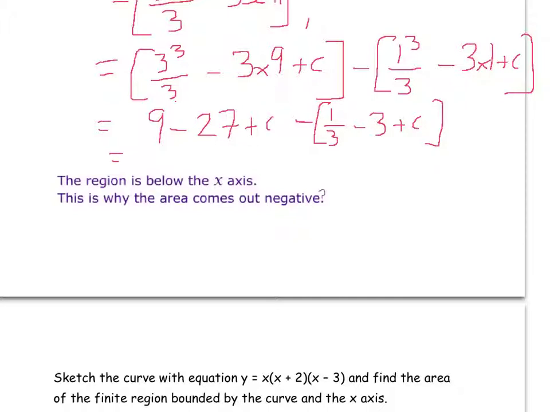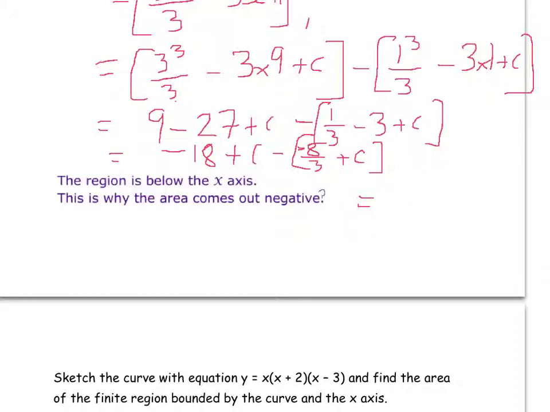So you're going to have minus 18 plus c, minus, well, 3 is the same as 9 over 3. So it's a third minus 9 over 3. A third minus 9 over 3 is minus 8 over 3, plus c. And if we sort this out now, the two c's, because we've got a plus c minus a c, are going to cancel each other out.